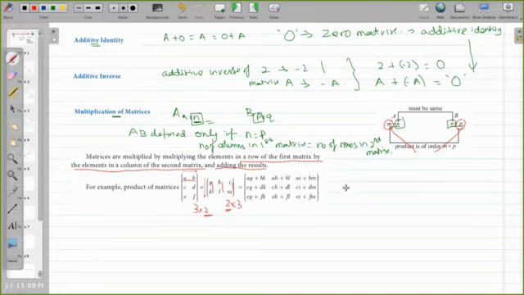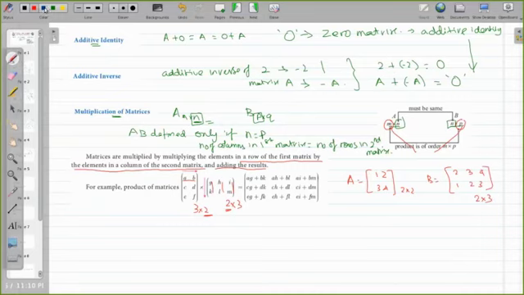I do one example for you, children. I take a matrix A as 1, 2, 3, 4. Okay, it is 2 by 2, I took. Then matrix B is 2, 3, 4, 1, 2, 3. Children, it is a 2 by 3 matrix I took. Now I can multiply.